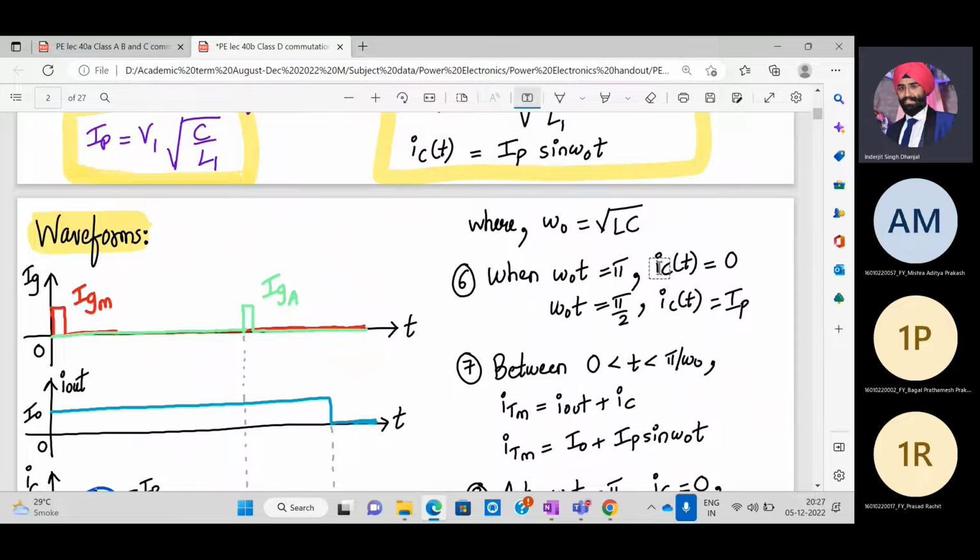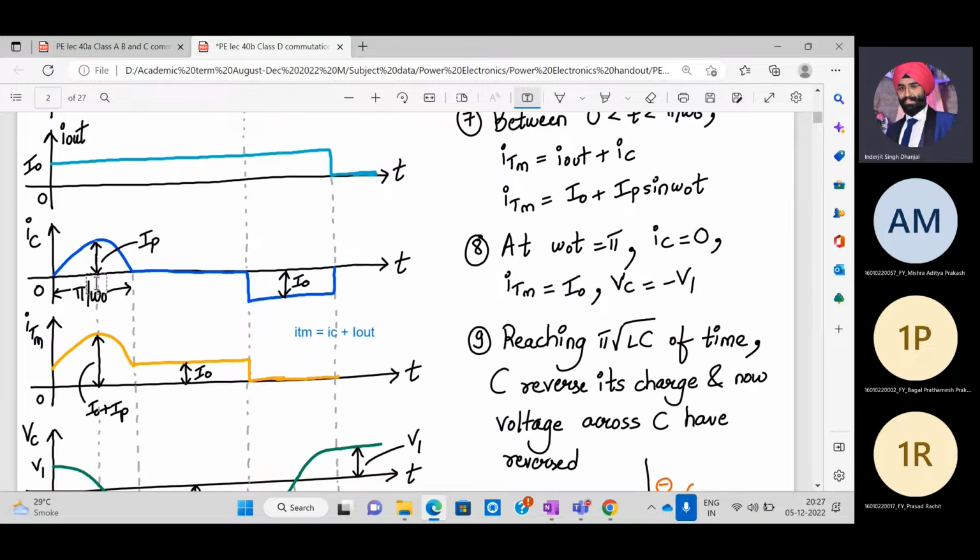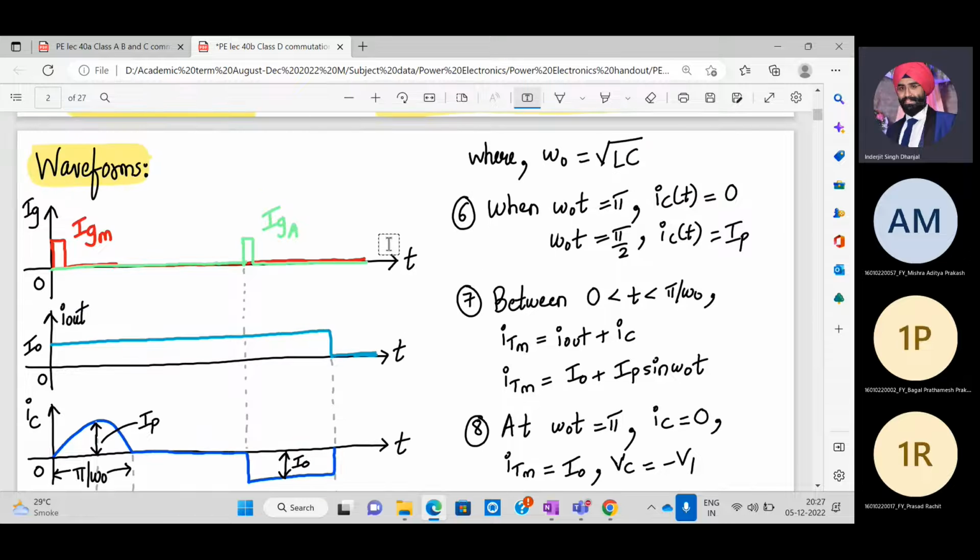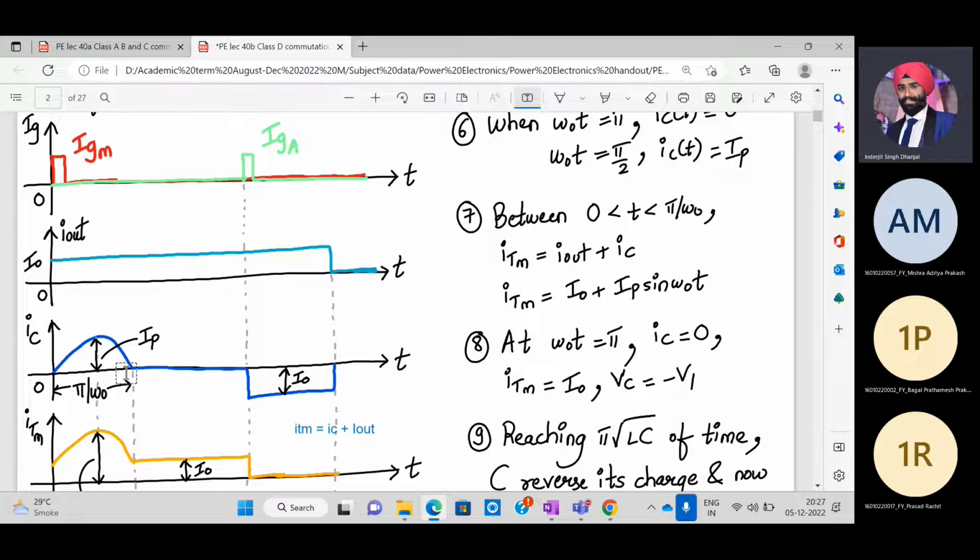Now, when omega naught t is equal to pi, your IC of t is 0, like this over here. When omega naught t is equal to pi by 2, IC of t is IP. So between t equal to 0 and pi by omega naught, ITM is I out plus IC, where I out is I0 and IC is IP sine omega t.